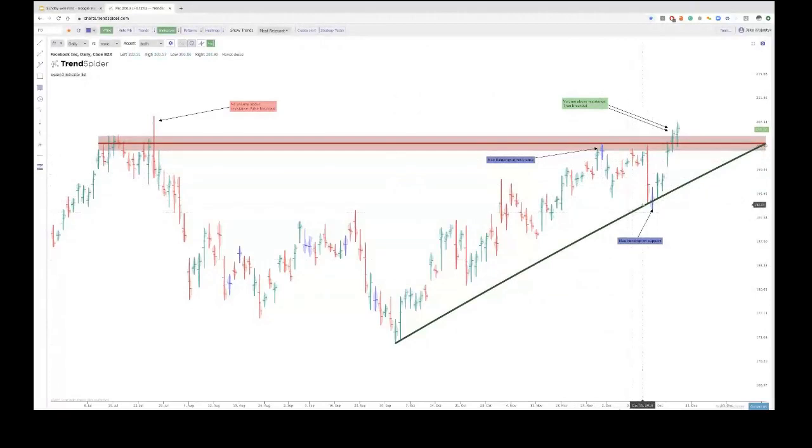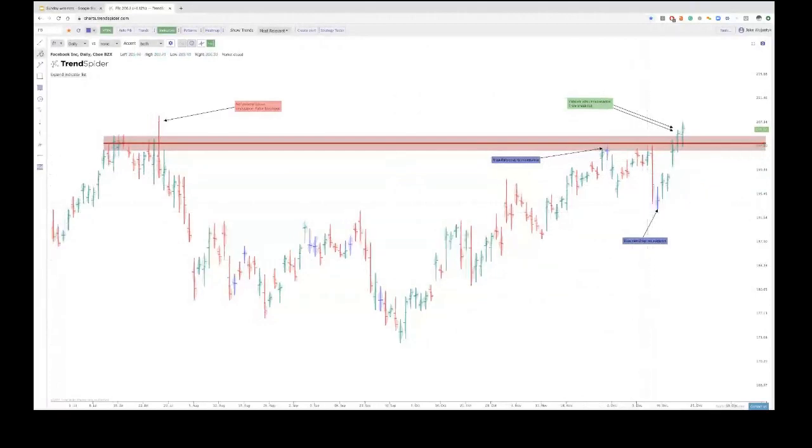The way I would have drawn this was essentially connecting my point here, connecting this previous area down here, and then you would have seen this blue raindrop forming right on support. And then notice how in the last week or so, you've got a move from 194 all the way up to around 206 after that blue raindrop on support.